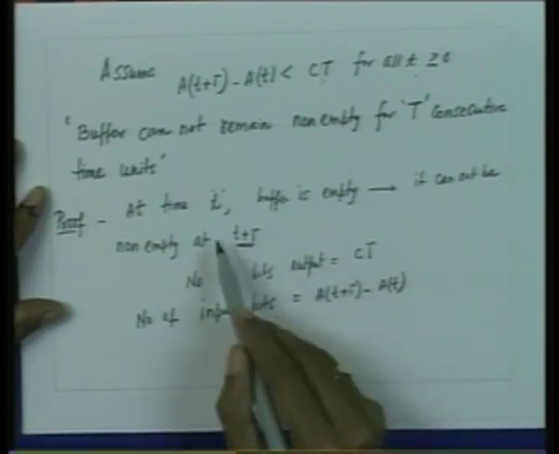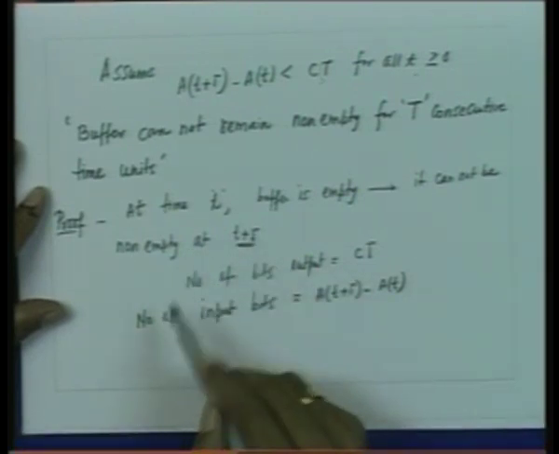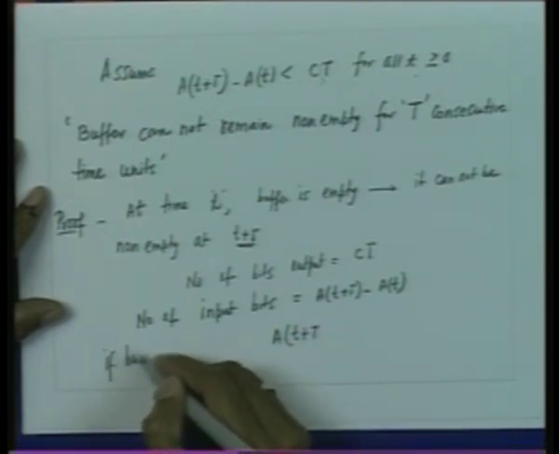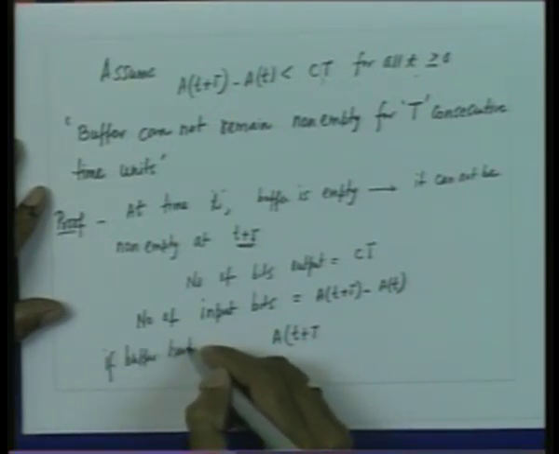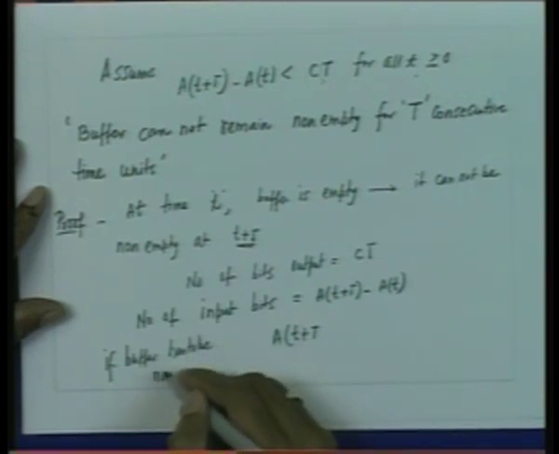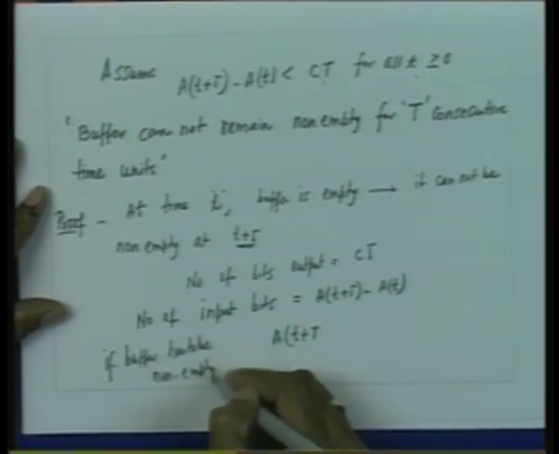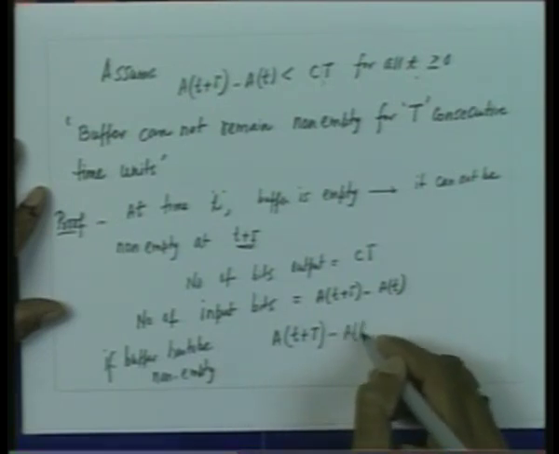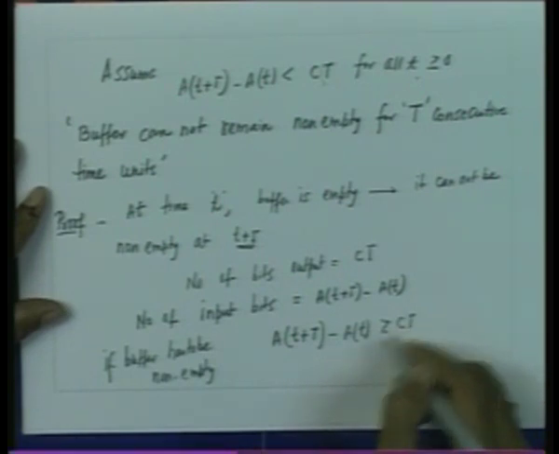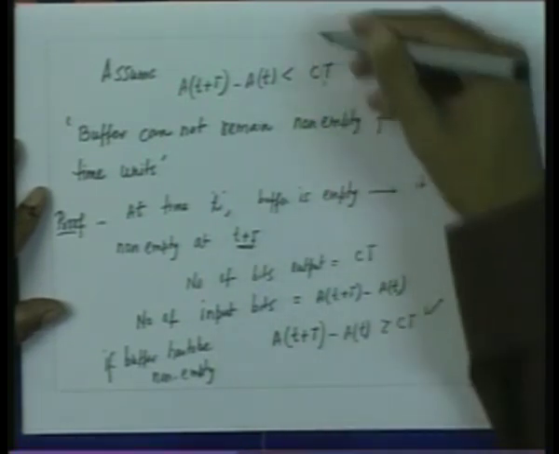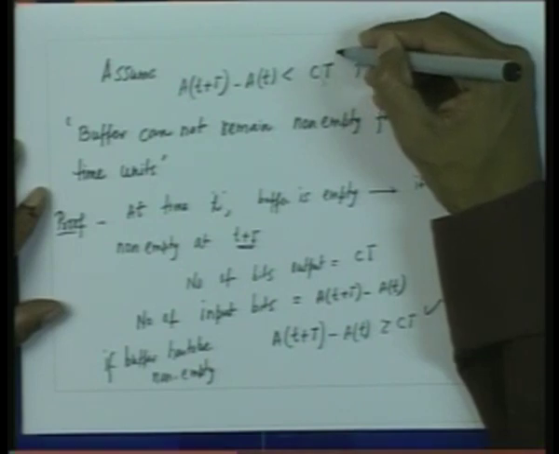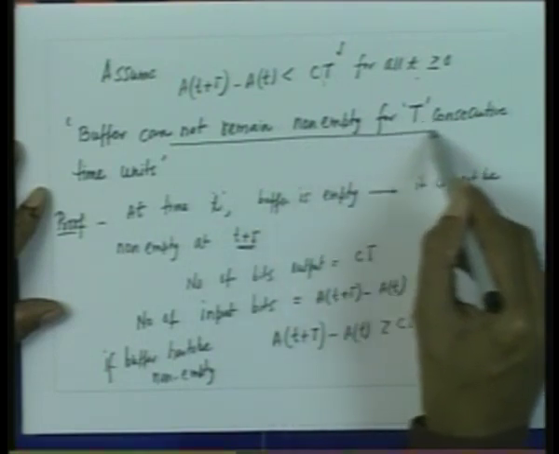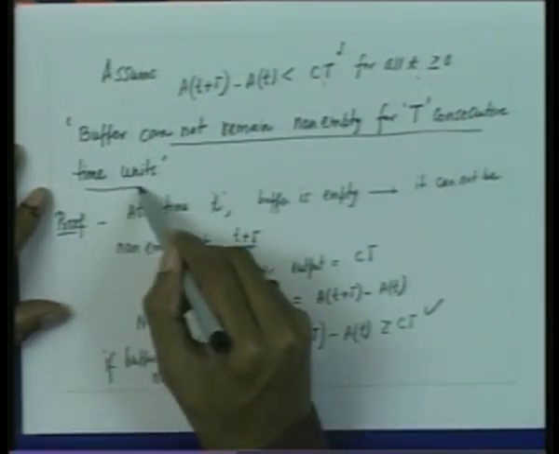If the buffer has to be non-empty at t plus T, then A(t+T) minus A(t) has to be greater than or equal to C T. But this is a contradiction, because we have assumed A(t+T) minus A(t) is less than C T. So obviously the buffer cannot remain non-empty for capital T consecutive time units.